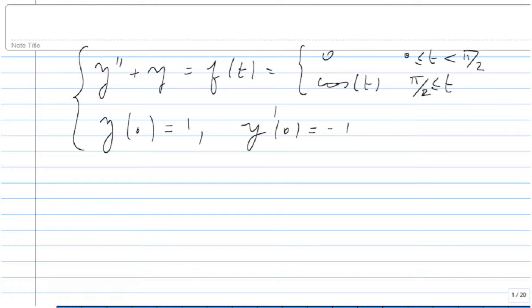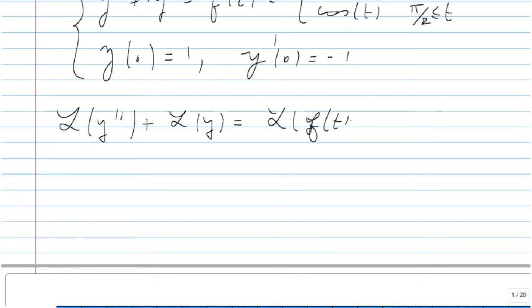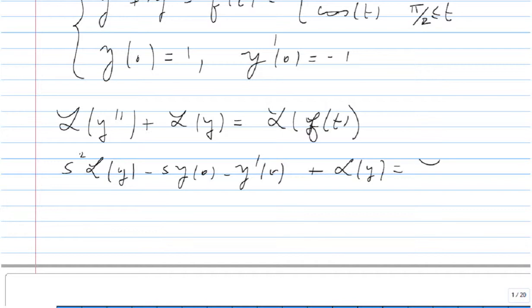Again, because f of t is a step function, we are going to use the Laplace transform, and we'll get Laplace of y double prime plus Laplace of y equals Laplace of f of t. And for Laplace of y double prime, we use the formula s squared Laplace of y minus sy of 0 minus y prime of 0, plus Laplace of y equals Laplace of f of t.